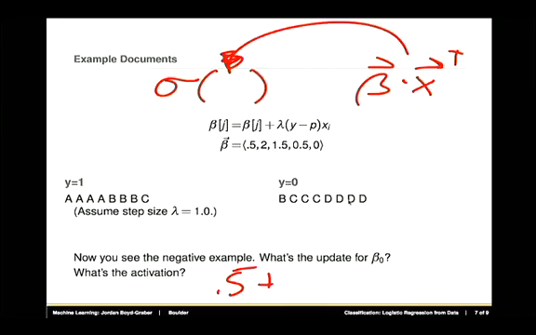So what does beta B times XB contribute? 1.5, because there's one B. And then what does beta C times XC contribute? 1.5. It's this guy times 3, which is again 1.5. And then how much does XD times beta D contribute? 0, because XD is 0.